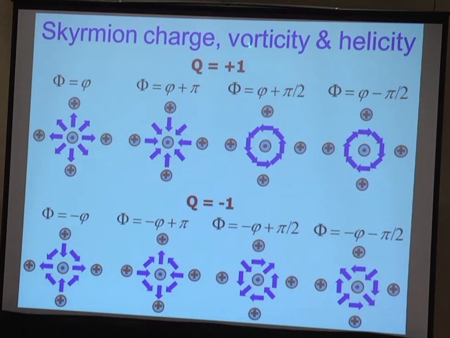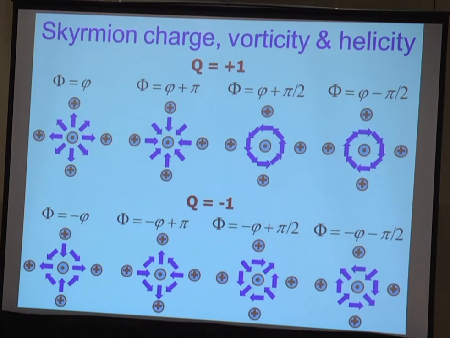In addition to topological charge, Skyrmions are described by vorticity and helicity. Vorticity is simply the winding number of the in-plane spins. So here, when you go along the contour, they wind in the same direction, and so vorticity is +1, here it is -1, so that also changes the sign of the topological charge.